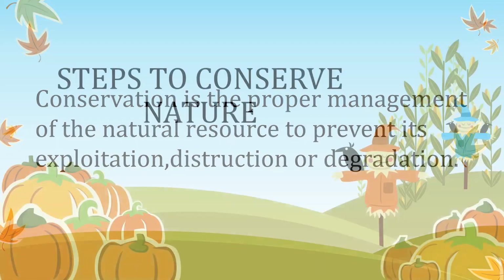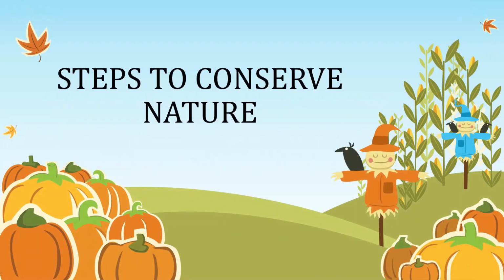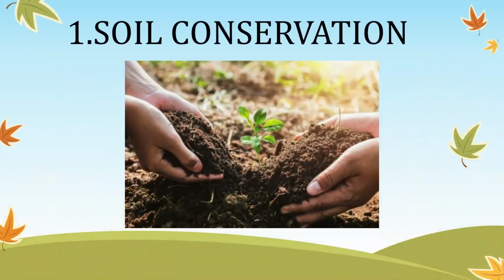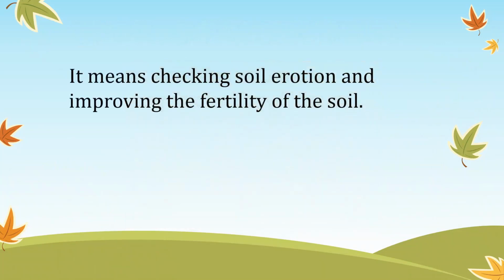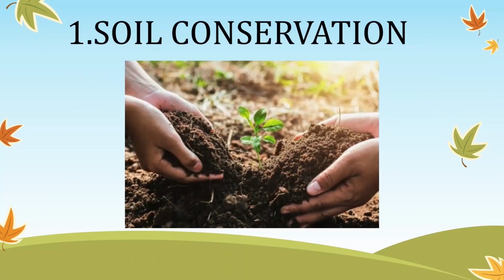Now, steps to conserve nature. First one, soil conservation. It means checking soil erosion and improving the fertility of the soil. Soil is very important for all of us, as we eat food to live. We get this food from soil itself.